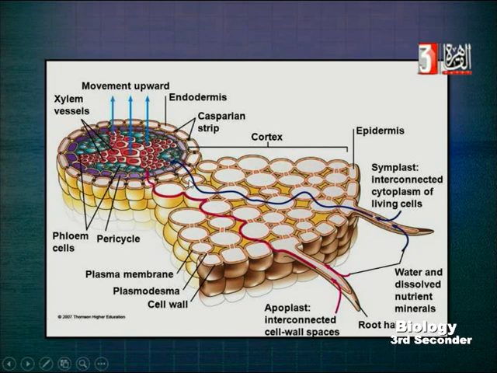It has only one function: to control and regulate the water passage directly to the xylem vessels. Casparian strips contain suberin substance, so the root has support from lignin inside the xylem vessels and suberin inside the Casparian strip. And the Casparian strip has only one function: to regulate and control water passage directly to the xylem.